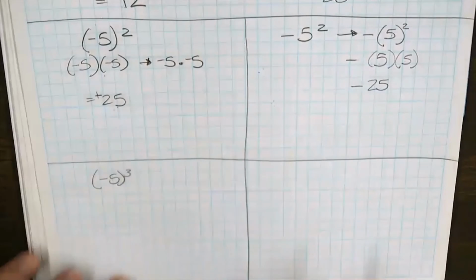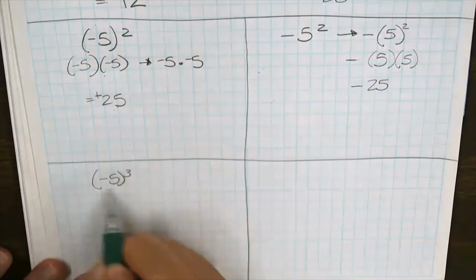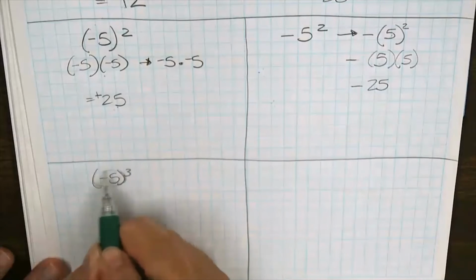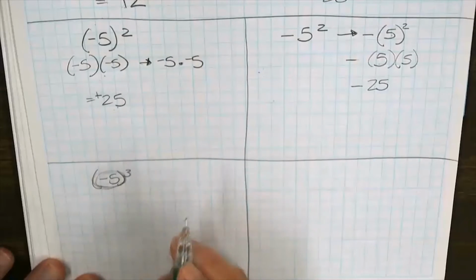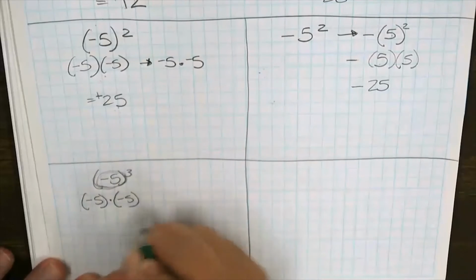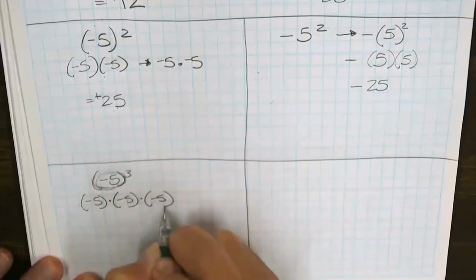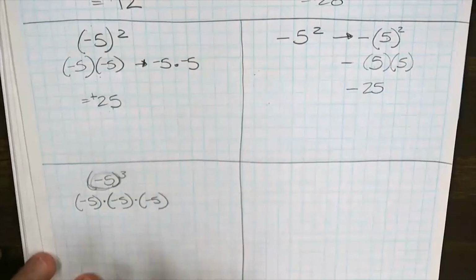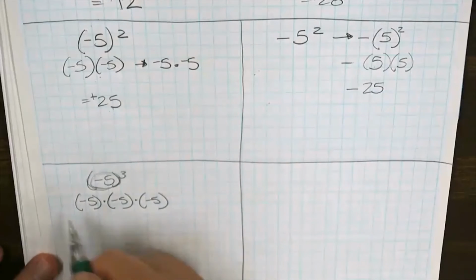Negative 5 cubed. This is telling me that this whole thing is going to be cubed. Negative 5 times negative 5 times negative 5. And now we're going to work this from left to right.